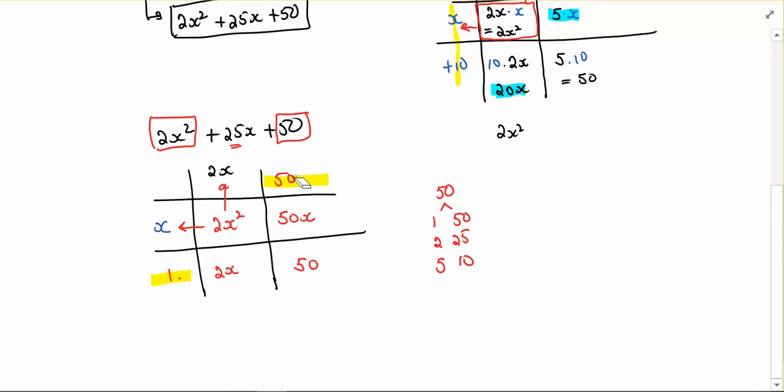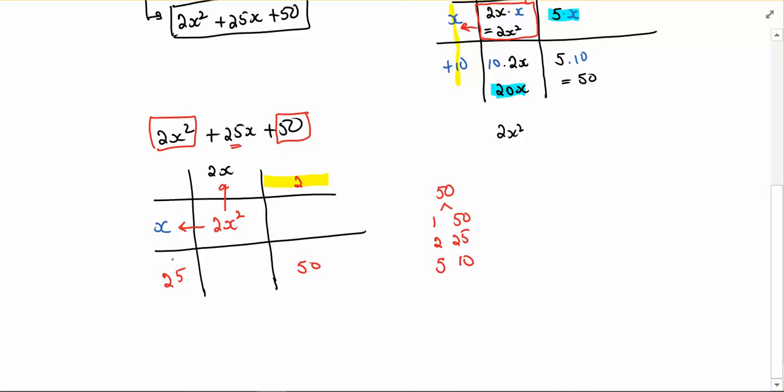Now most people, once we've done this a few times, realize that there's no way 50 and 2 are going to give you the answer, and so they will pretty quickly eliminate the 50 and the 1. How about the 2 and the 25? Well, what if I put the 25 here and the 2 here? Again, I get my 50, which is what I want.